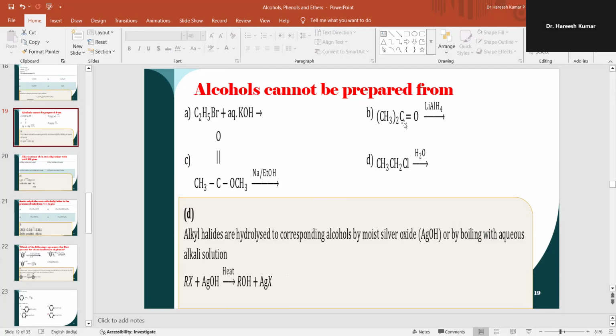Reduction of ketone gives alcohols. Similarly, aqueous sodium hydroxide can replace the bromine to form the product. Reduction of ketone also gives the alcohol, but this one does not. This requires a reagent like silver oxide, then it is possible. On heating it is possible, but not with water alone.